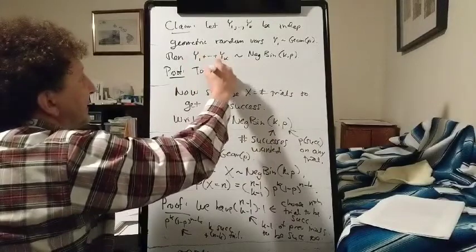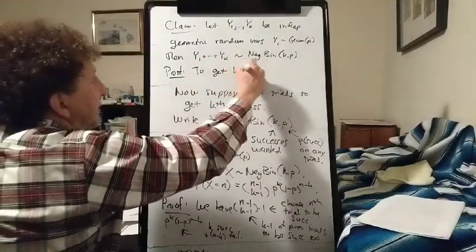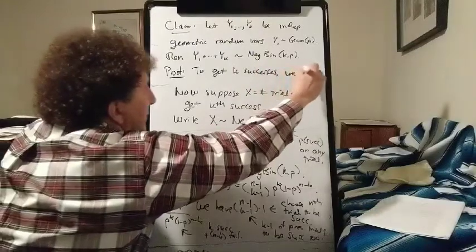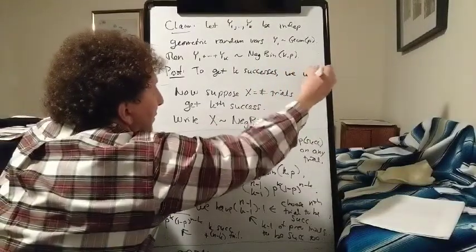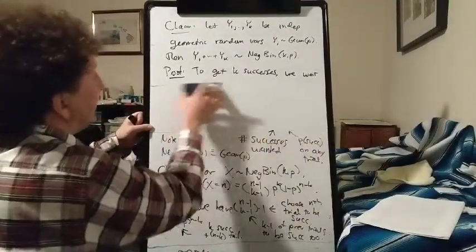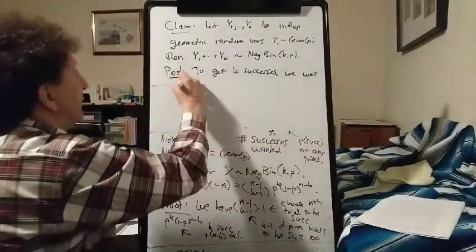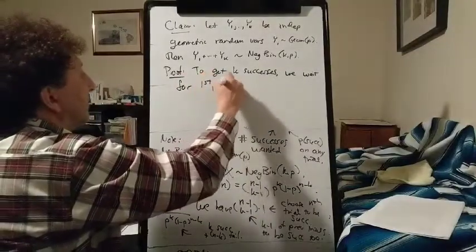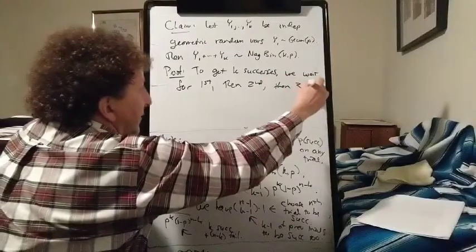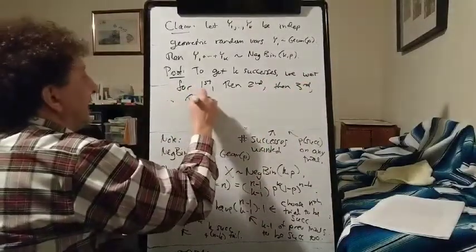And the reason is that to get k successes, we wait for the first, then we wait for the second, then we wait for the third, and finally we wait for the kth.